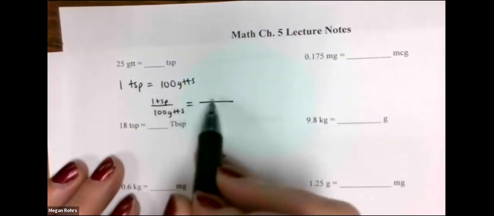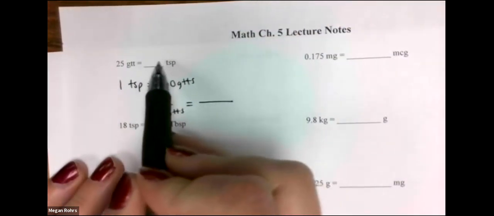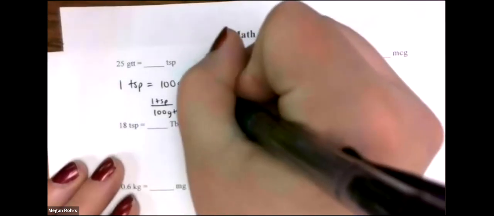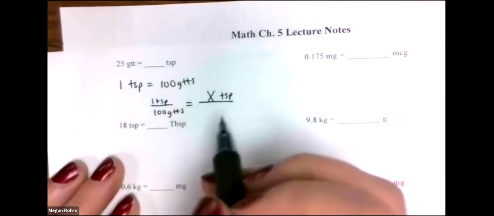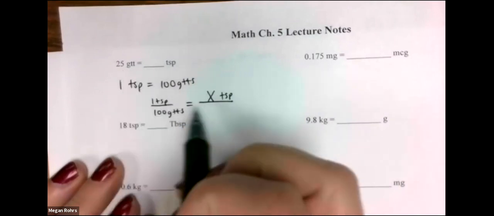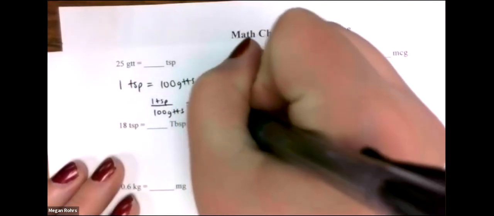So if 1 teaspoon equals 100 drops, remember, keep your units equal to each other. I don't know my teaspoon here, so that's going to be my x. And I know I'm solving for 25 drops.